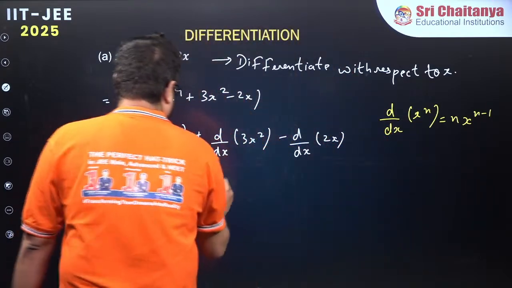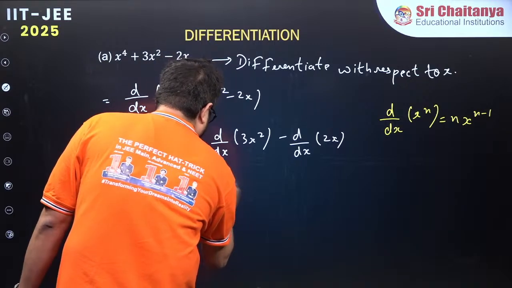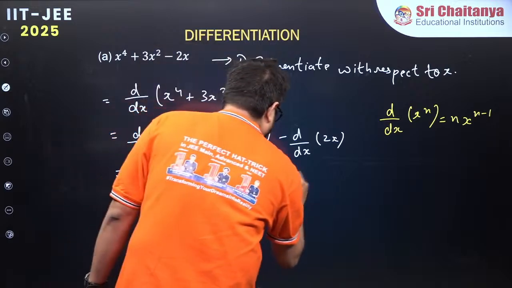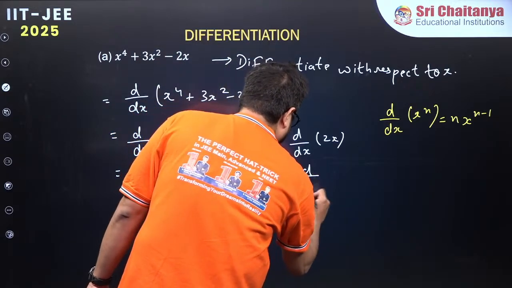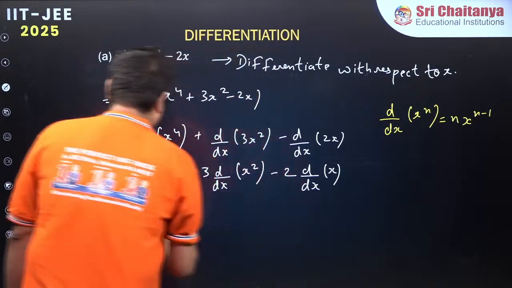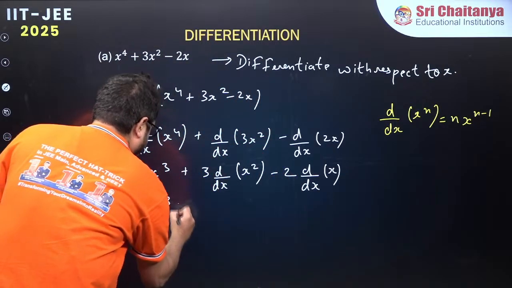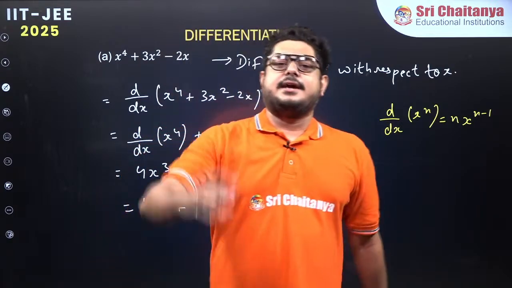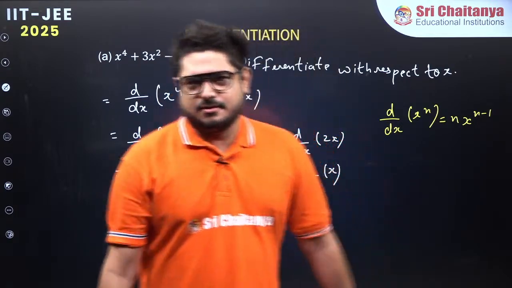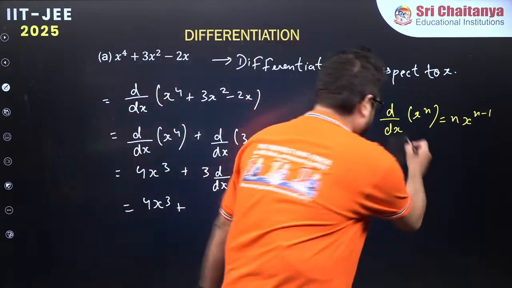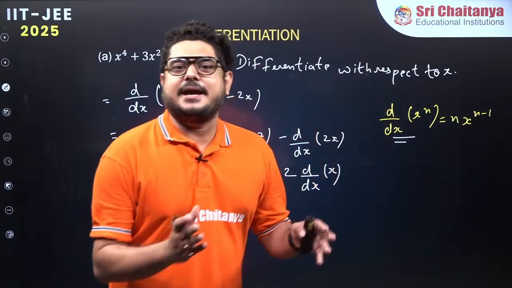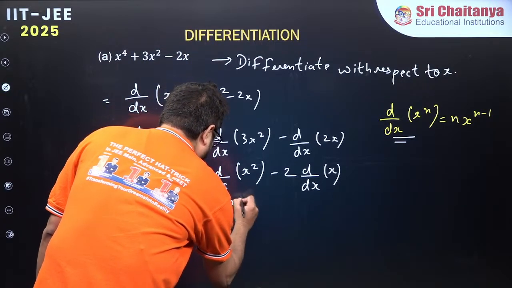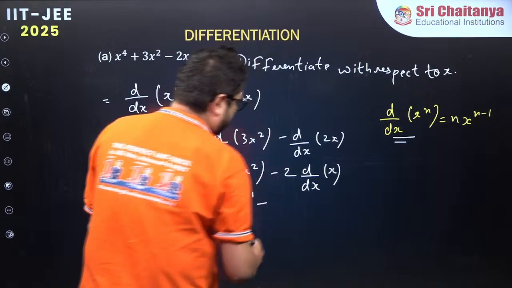Plus 3 is a constant, it can be taken outside the operator. 3 d by dx of x square minus 2, which is a constant, can be taken outside d by dx of x. Now what are we going to get? 4x cube plus, what is going to be d by dx of x square? Once again we need to use the d by dx of x to the power n formula over there. This formula itself is going to be applied everywhere. So I can write it as 3 into 2 x to the power 2 minus 1, minus 2 times d by dx of x.